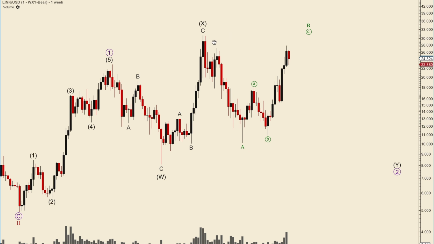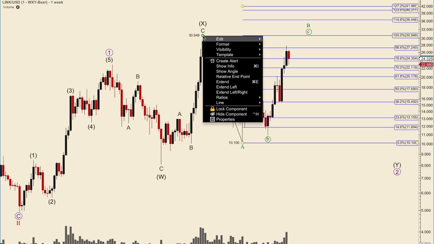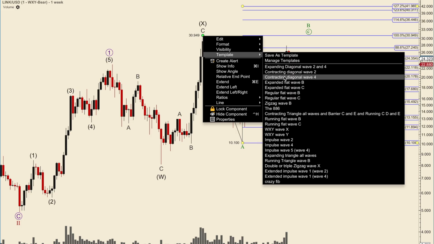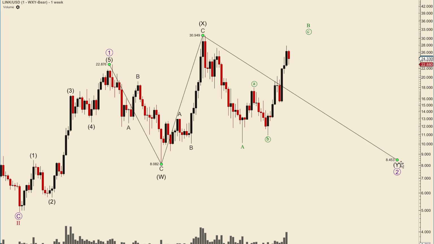And so far we have wave A here, and then we have wave A, B, and we are finishing basically a wave C. And for this to be a flat, it needs to hit at least 0.90, and I believe we just hit that. Yeah, we just hit 90, which then is considered a regular flat, which fits in the narrative of this wave Y being either a flat or a triangle.